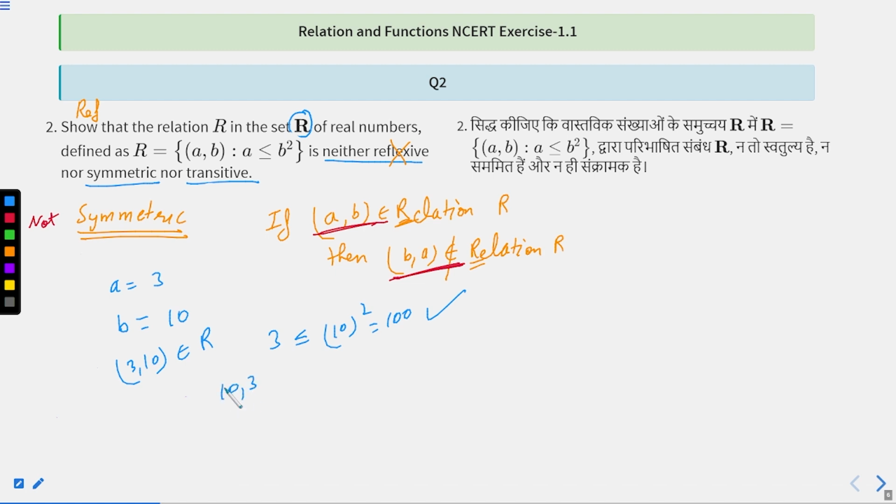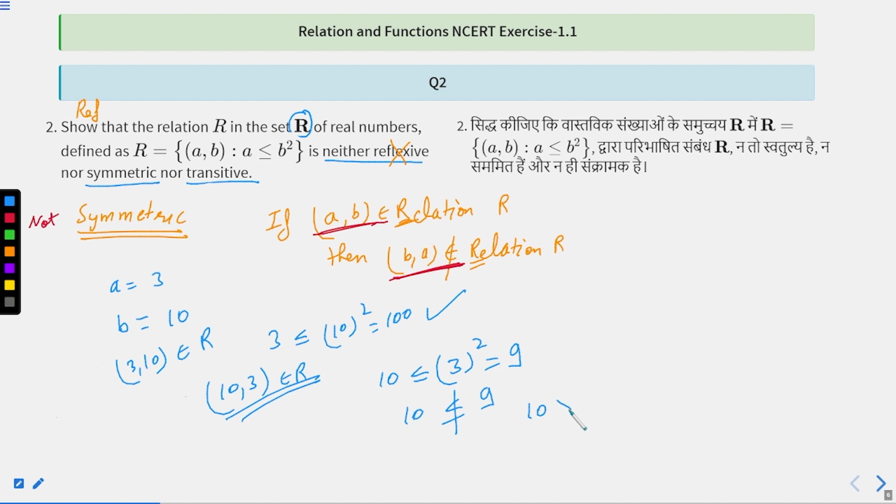Does 10 comma 3 belong to R? Let's see. If 10 comma 3 belongs to R, then 10 must be less than or equal to 3 square by the definition of the relation. Is this true? No. As you can see, 10 is not less than or equal to 9.